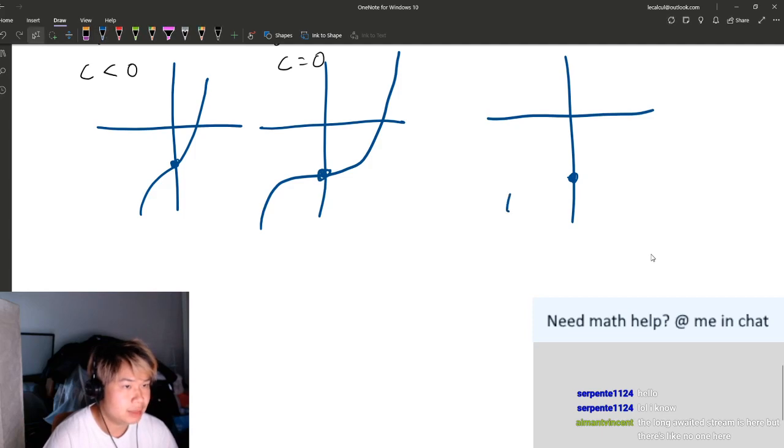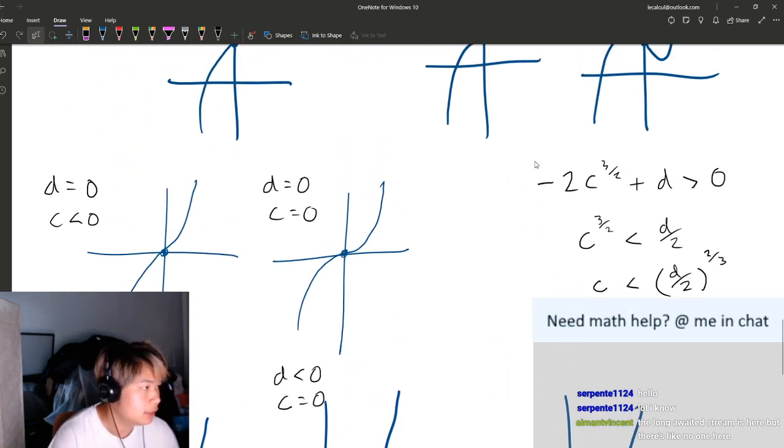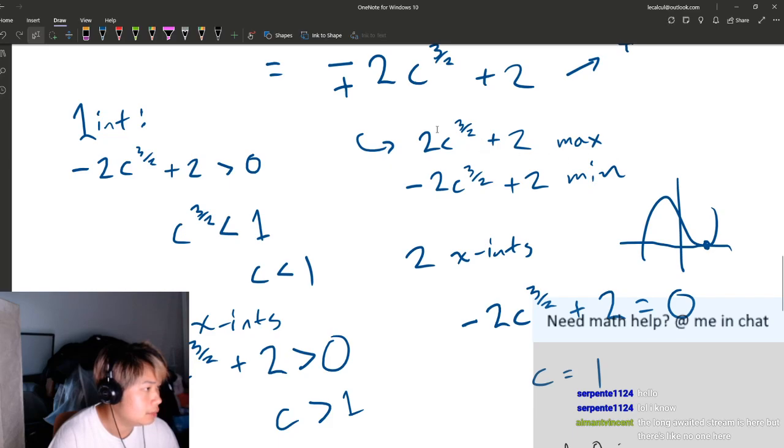If the maximum is positive, you're going to go over the x-axis. So you have at least 2 x-intercepts. It can't be equal to 0 either. So we need to ensure that our maximum point is negative. So in other words, not that inequality, the maximum inequality, this one.